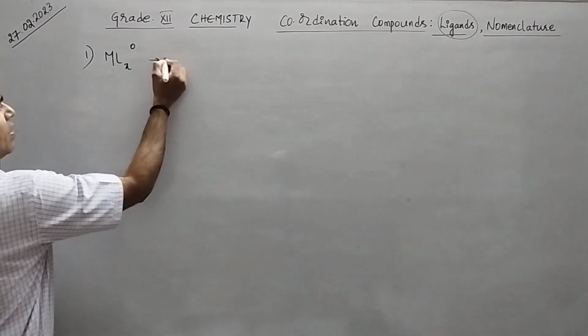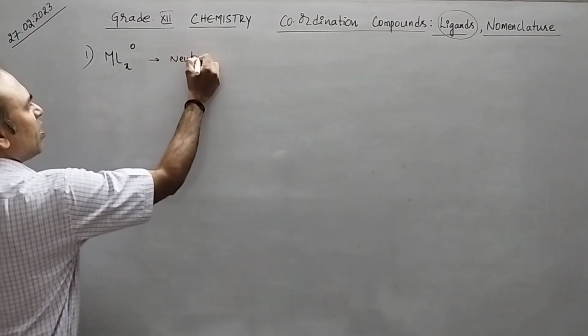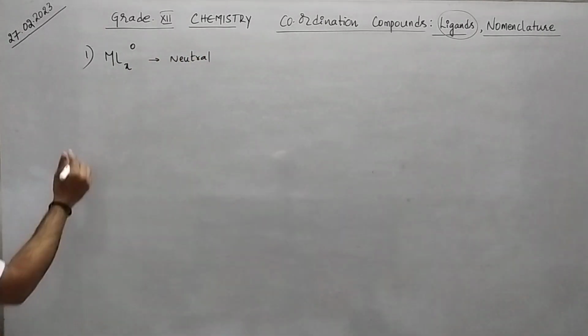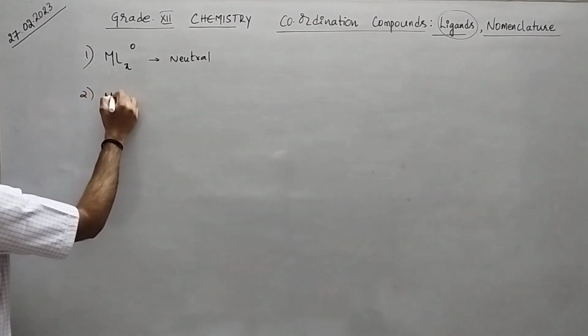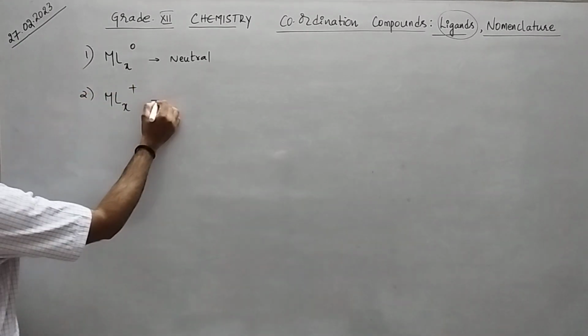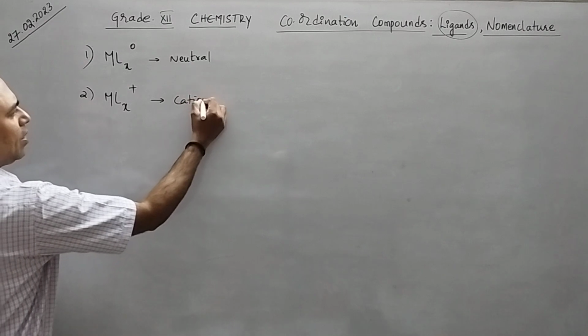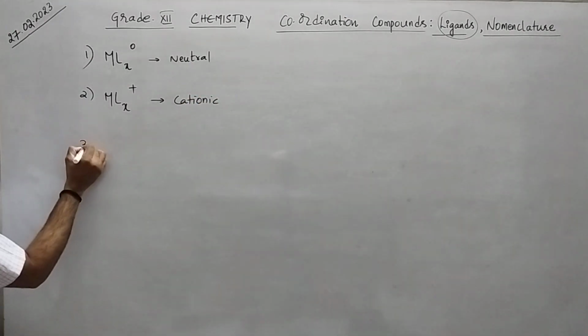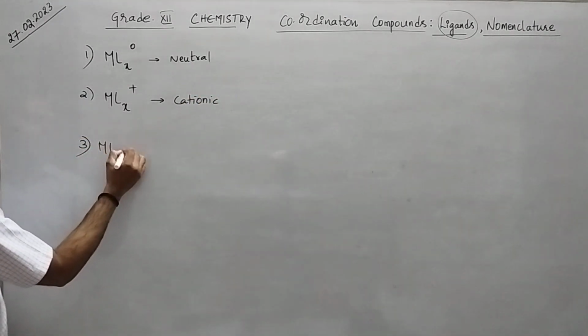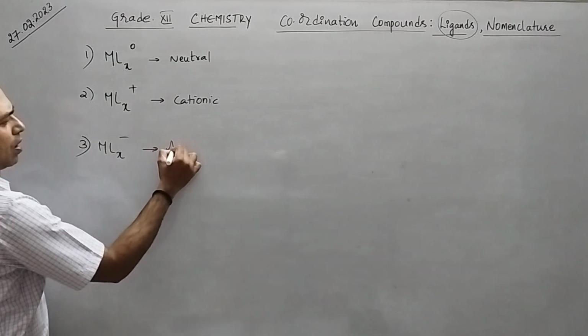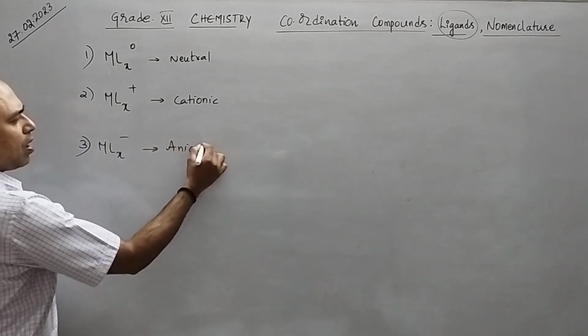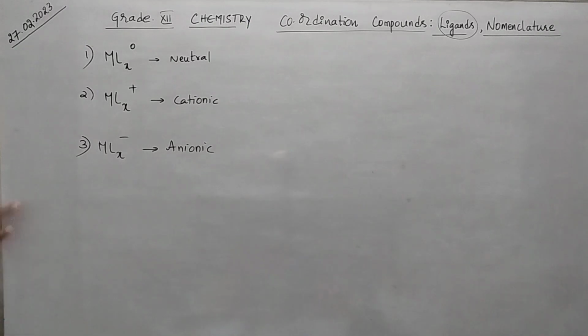So first one is neutral coordination compounds. Second one, MLx plus, nothing but cationic complex. Third one, MLx minus, here it will be anionic complex.